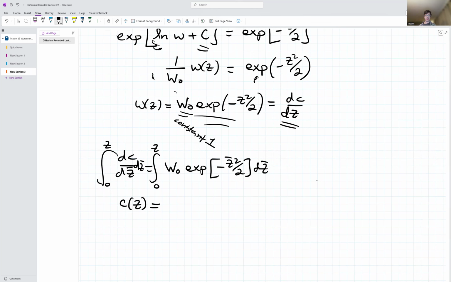And then we're left with the function plus a constant of integration. So plus some constant. I'm actually going to define it with a minus sign: minus C0. This is a constant of integration.